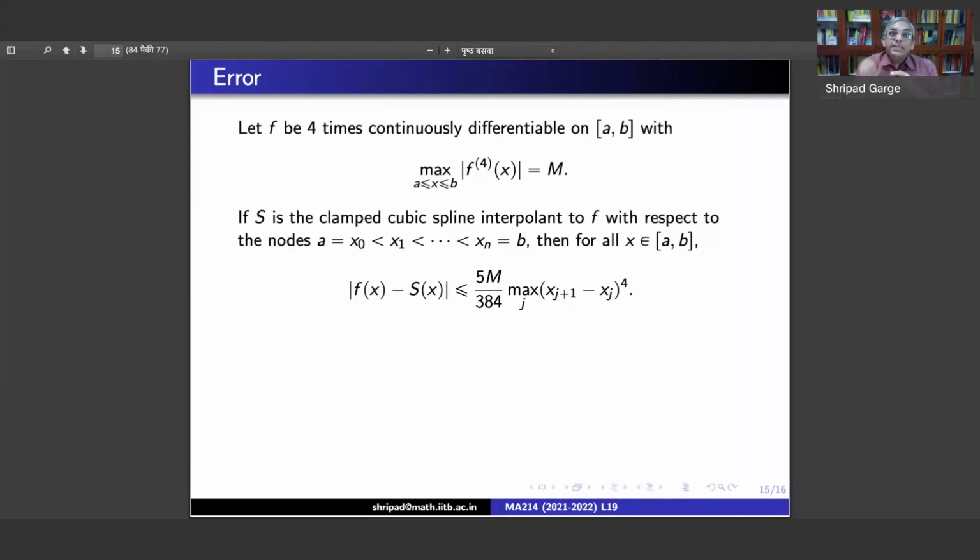We had called these hj, if you remember. So it is the maximum over j of hj to the power 4. There is a fourth power also. Okay, so this is the error formula that we have for clamped cubic spline.